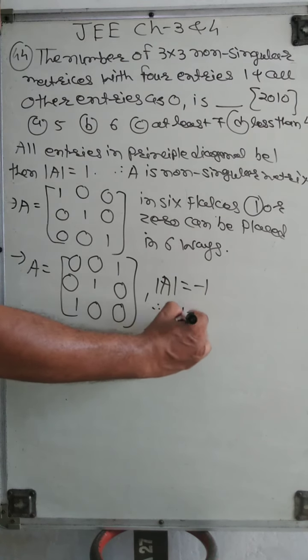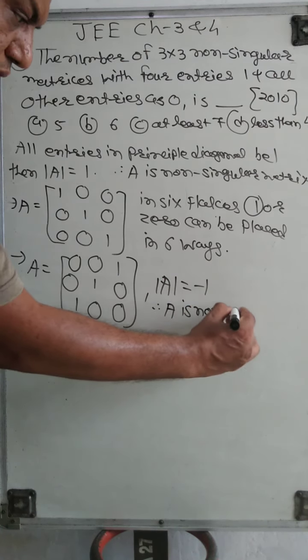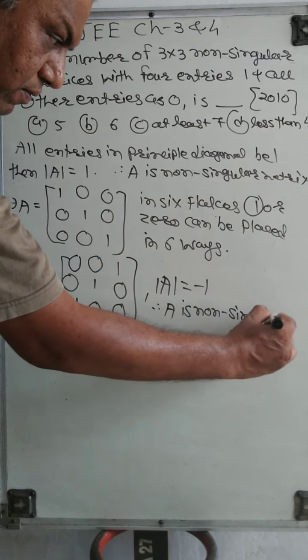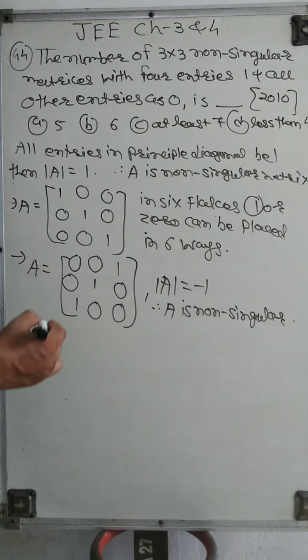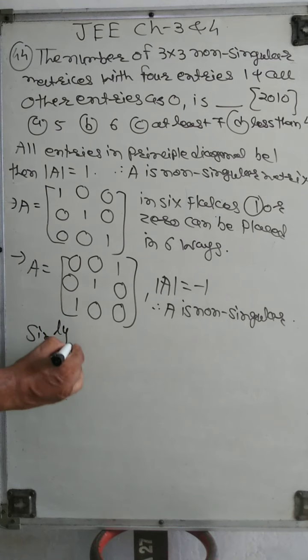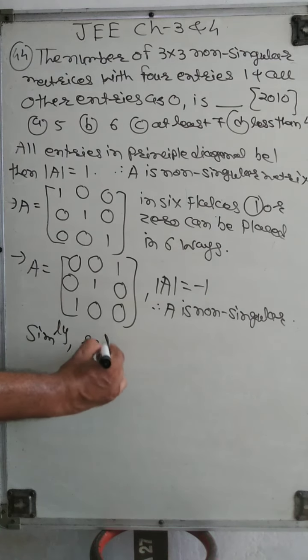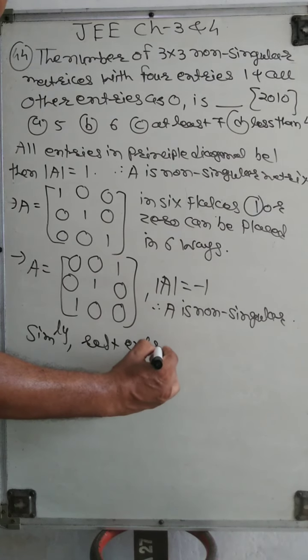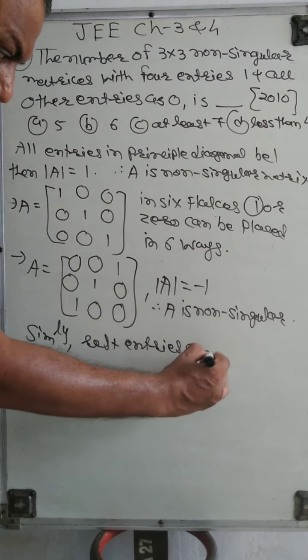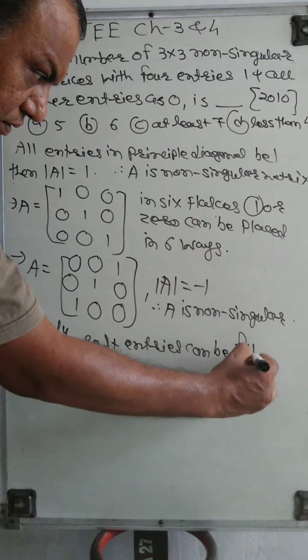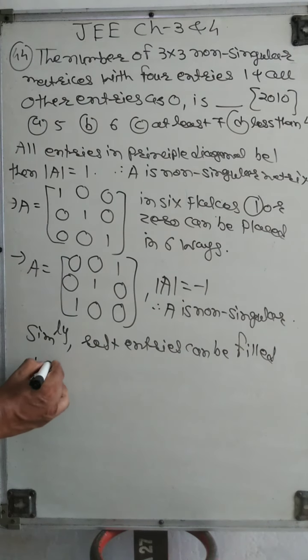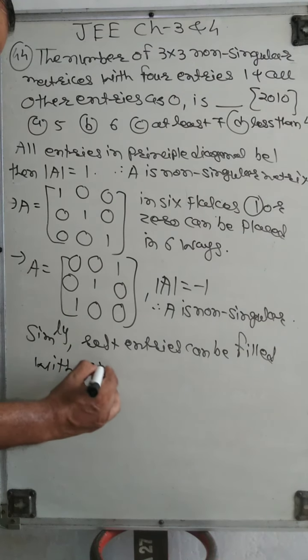Therefore A is a non-singular matrix, and similarly the rest of the entries can be filled in 6 ways.